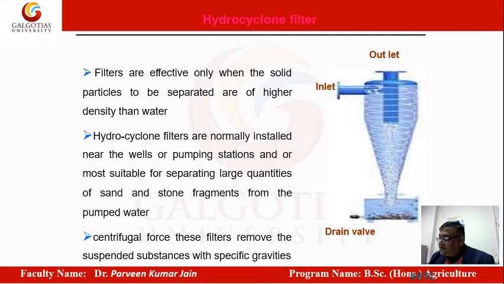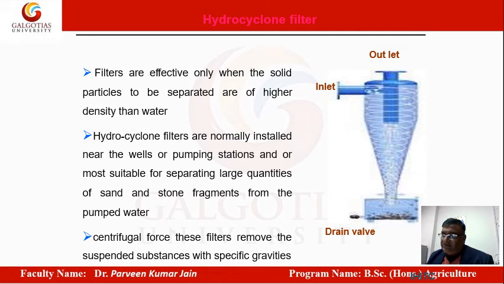And then one more important type of filter is called the hydrocyclonic filter. These filters are installed where normally you have water from a bore or from a well. If you have water from some shallow source, you can skip this kind of filter.